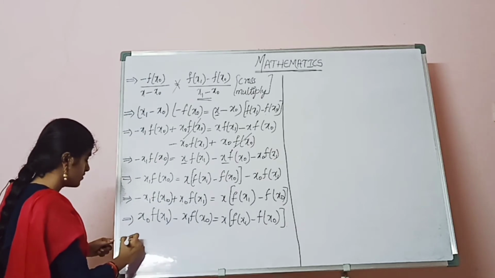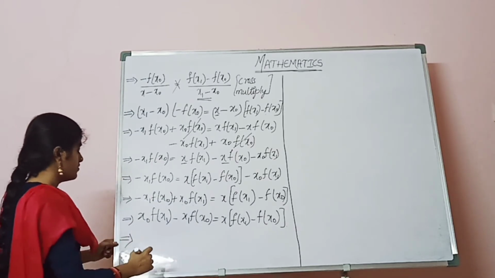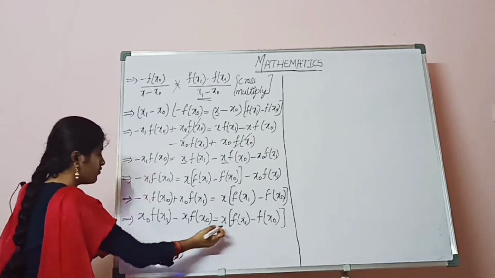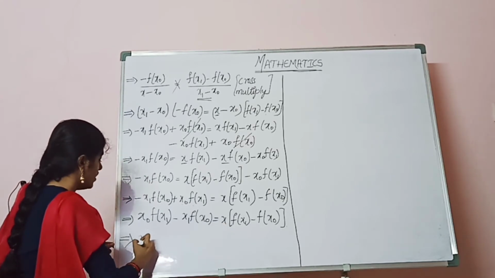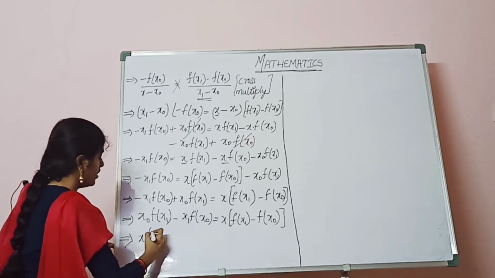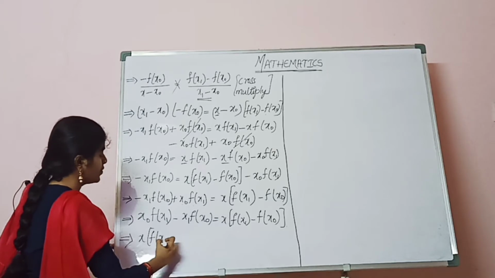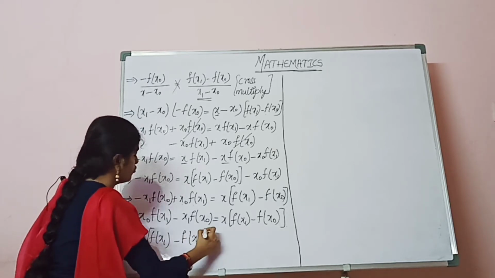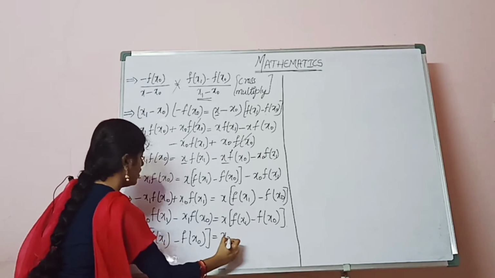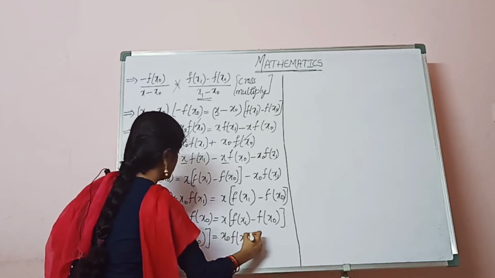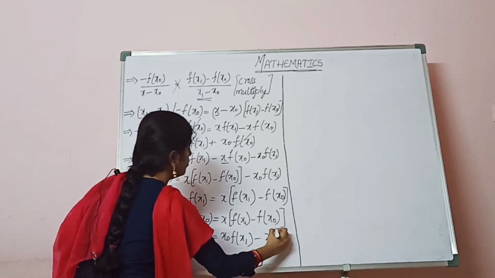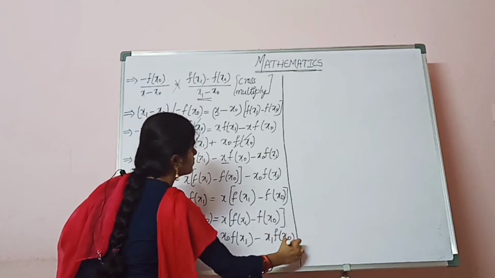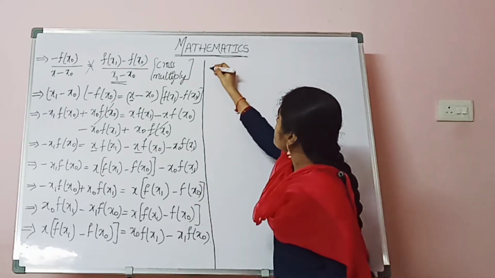Next we have to take this value here. x into f of x1 minus f of x naught equals x naught f of x1 minus x1 into f of x naught. Therefore, how can we write this step?